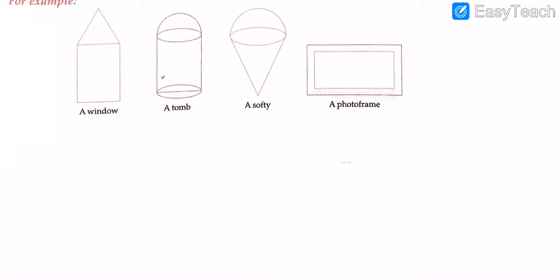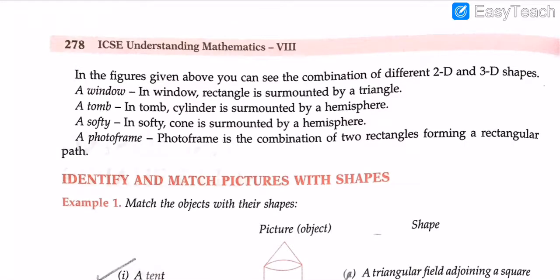Okay, moving on to the next page. In the figures given above, you can see the combination of different 2D and 3D shapes. A window: rectangle is surrounded by rectangle. A tomb: cylinder is surrounded by a hemisphere. A softy: cone is surmounted by a hemisphere.